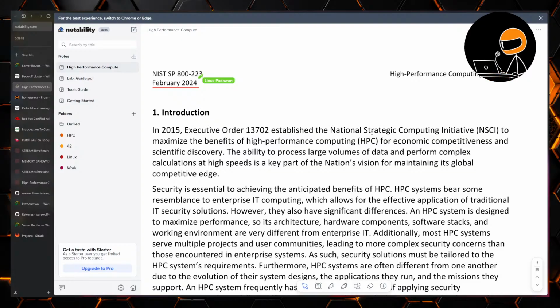All right, 2015 Executive Order 13702 established the National Strategic Computing Initiative to maximize the benefits of high-performance computing for economic competitiveness and scientific discovery. The ability to process large volumes of data and perform complex calculations at high speeds is a key part of the nation's vision for maintaining its global competitive edge. Well, that just got serious very quick.